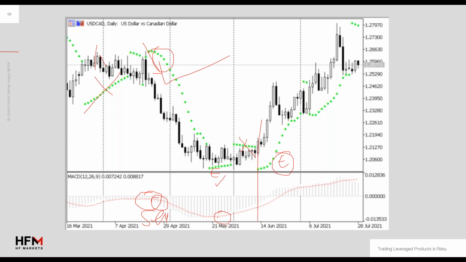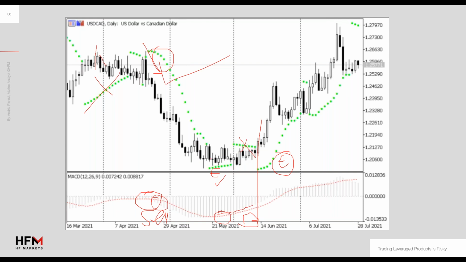Over here, we had another change of MACD and signal line. The MACD lines started moving above the signal line. So they flipped to the upside. They were below the signal line and then afterwards they went above the signal line. So on this very first primary signal, which is a buying signal, do the price action and the parabolic SAR agree?